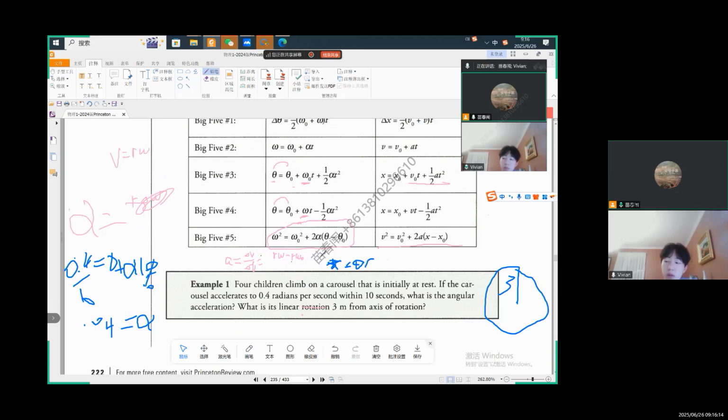So R can get out, and omega minus omega 0 over t, right? So this one isn't that angular acceleration, which is R alpha.